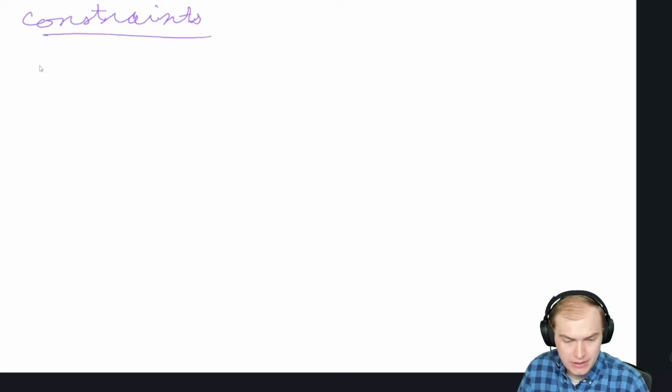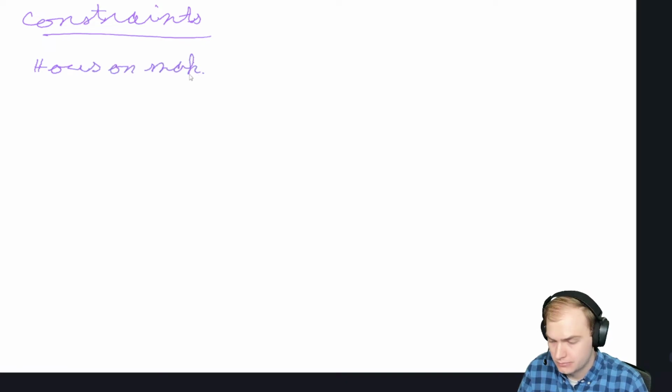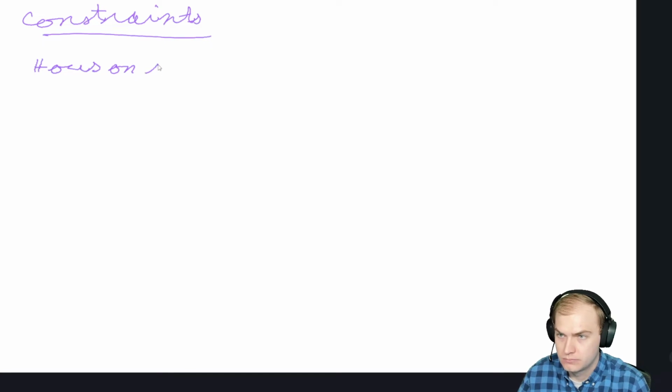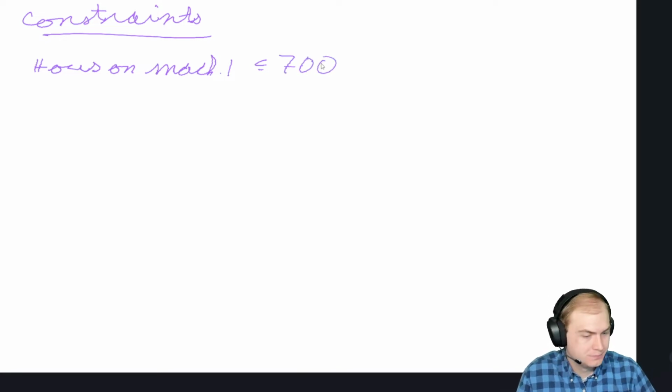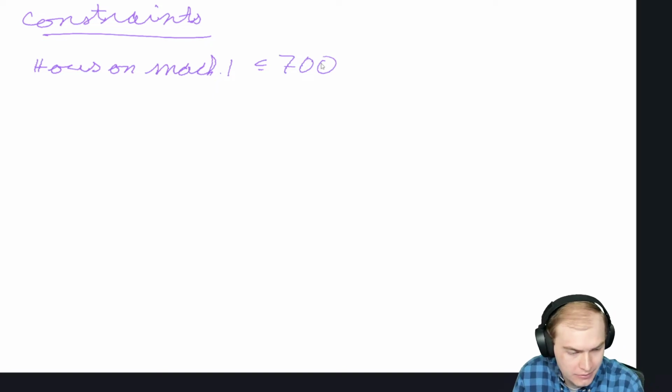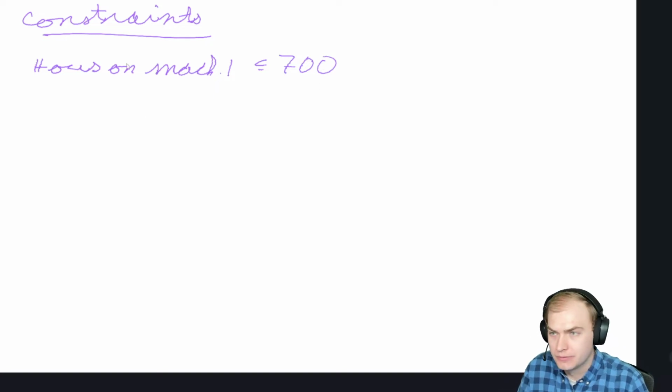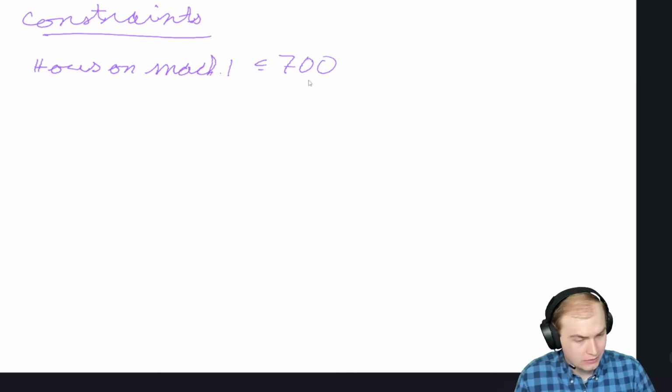The problem says that hours on machine 1 should be less than or equal to 700. There's only 700 hours available on the machine, so this is what our constraint's going to look like.